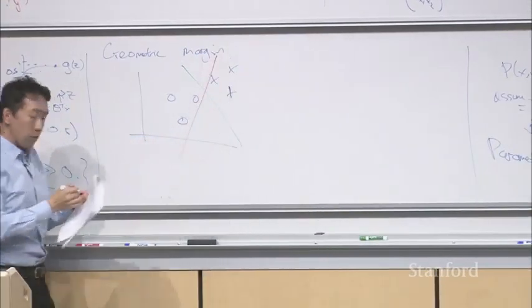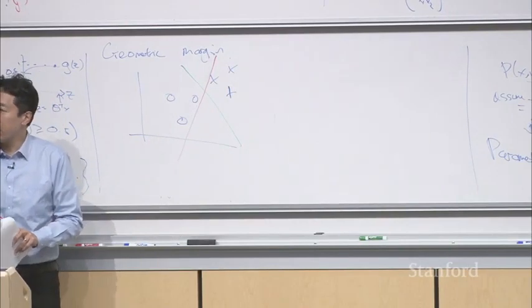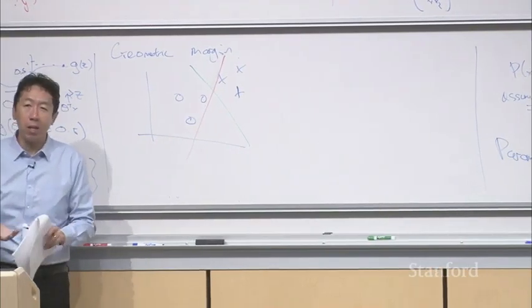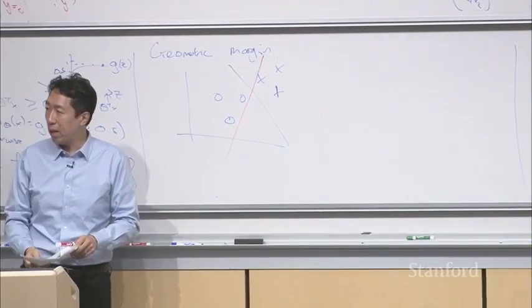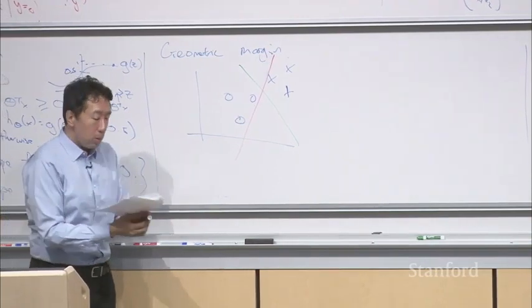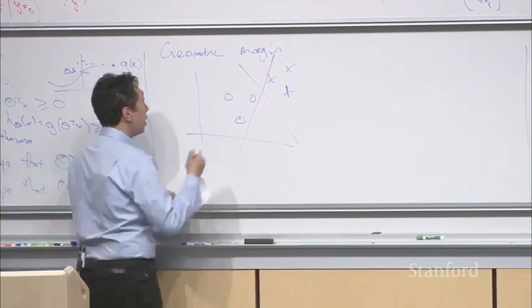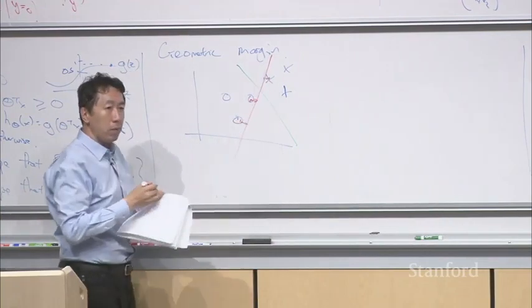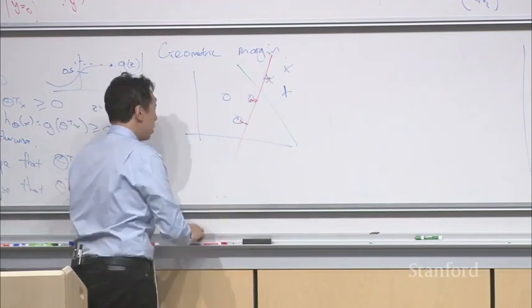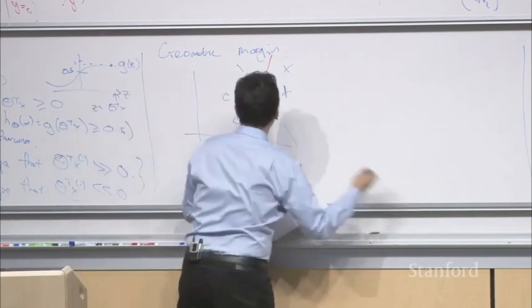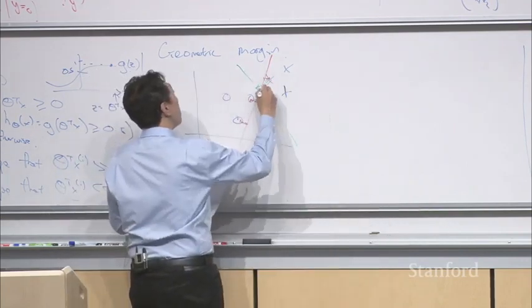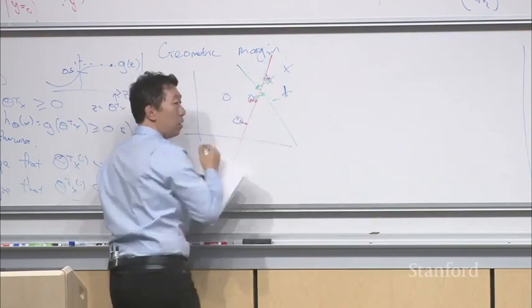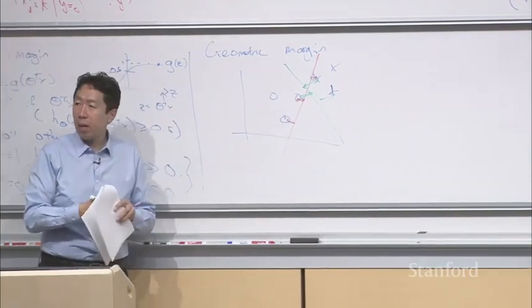That's another decision boundary in red that also separates the positive and negative examples, but somehow the green line looks much better than the red line. So why is that? Well, the red line comes really close to a few of the training examples, whereas the green line has a much bigger separation, just a much bigger distance from the positive and negative examples.